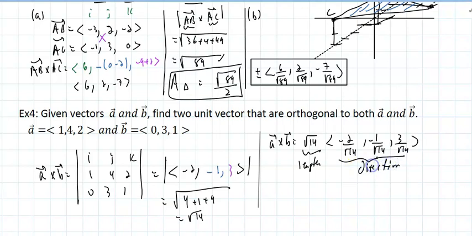In this book, they like the direction to be a unit, and we talked about that in the previous sections. Find two unit vectors, well, plus or minus -2 over radical 14, -1 over radical 14, and 3 over radical 14. And that's pretty much what this section is all about.